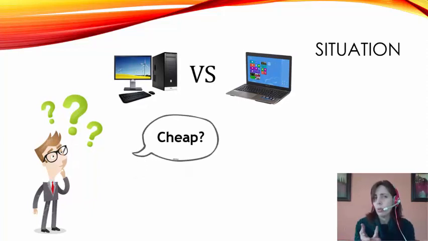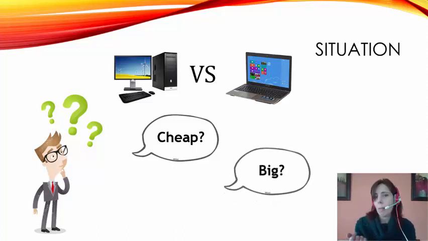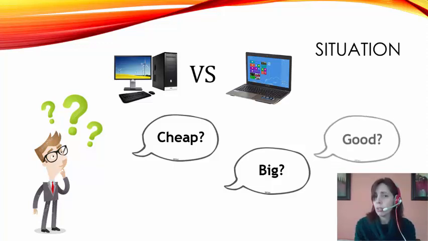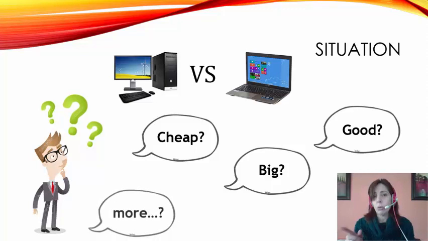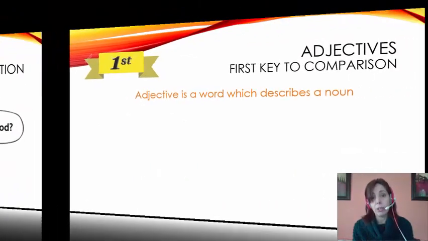So one computer is cheap, but maybe the other one is cheaper. Could be. Big. Yes, this computer is big and I want a smaller computer. Or this is good, but what if the other one is better? This is a comparative. So let's see how we do it in English.